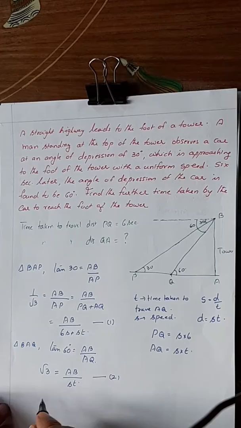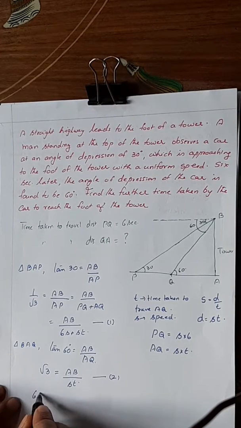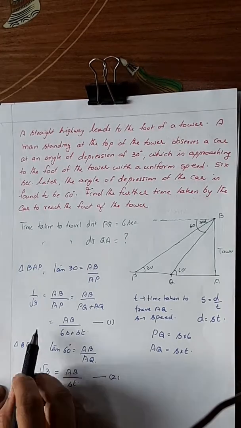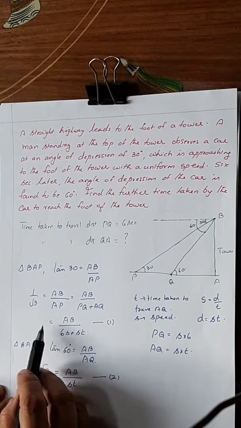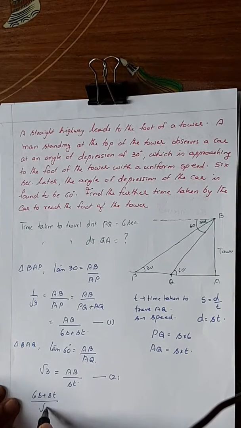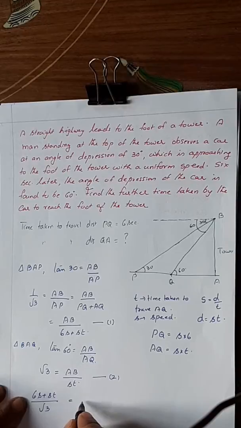So equating, you will get 6S plus ST by root 3 is equal to root 3 ST. So cross multiplying, you get 3 ST.